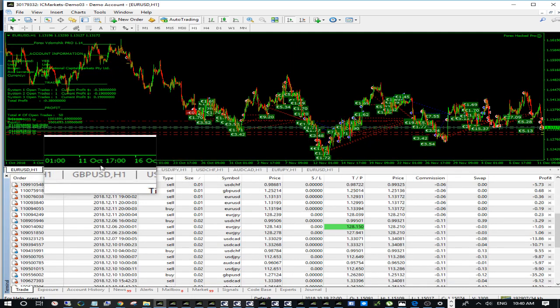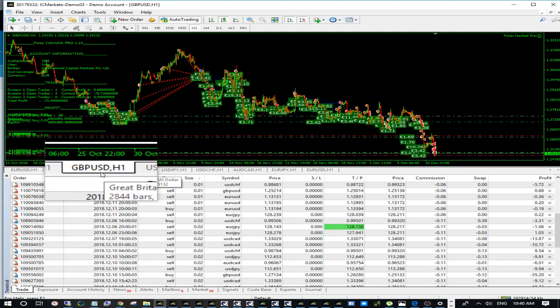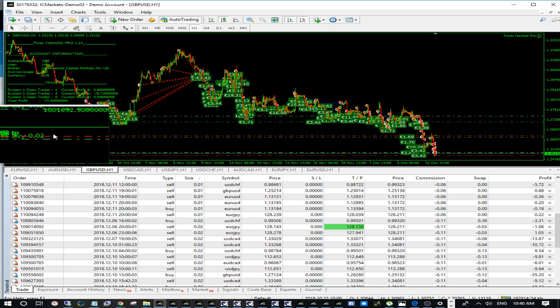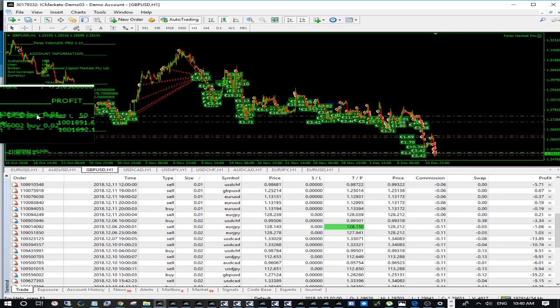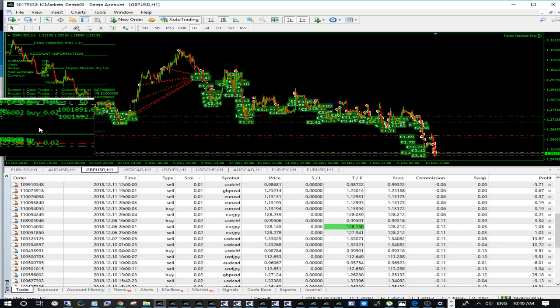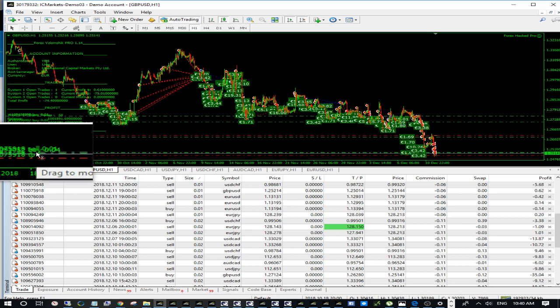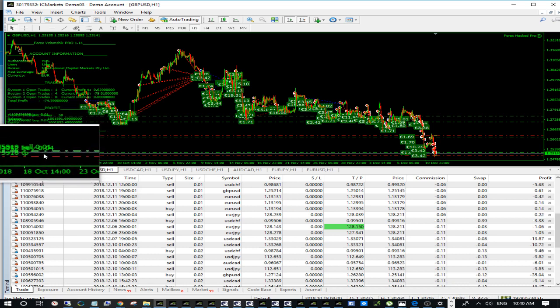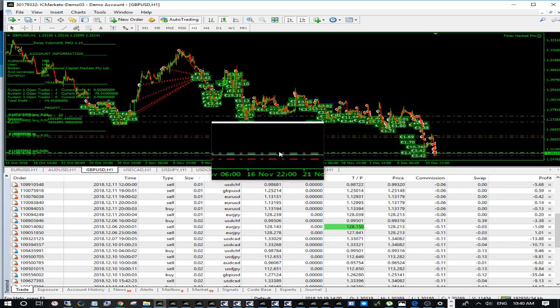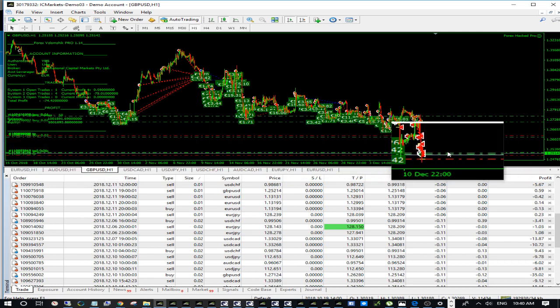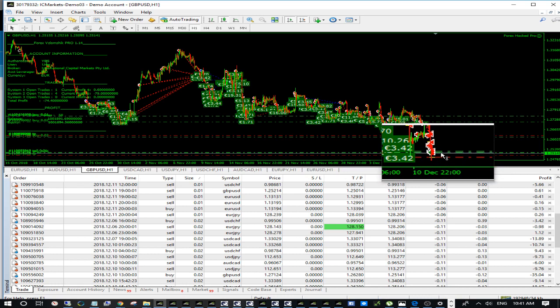Now the GBP USD, we can see that we had a buy of 0.01, a buy of 0.02, and currently we have a 0.04. At this green line is where we bought the contract of 0.04.